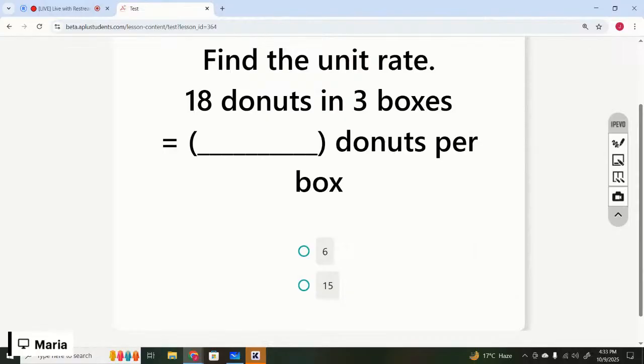Find the unit rate. 18 donuts in 3 boxes. So how many donuts per box?